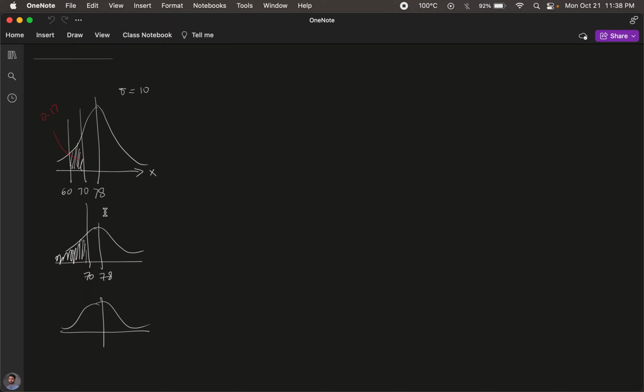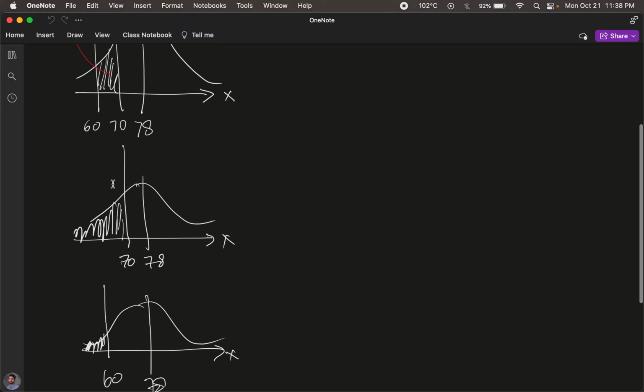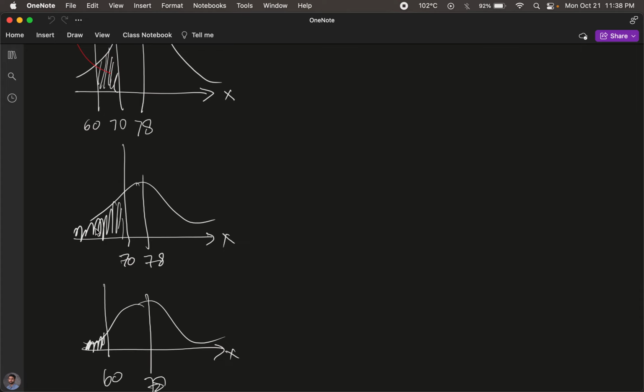So I could do something of this sort: I could say 60 is here, 78 is here. Notice this is still x, and I would shade this region. Now, recognize that the central region is in fact a difference of these two regions. So take this bigger region and subtract the smaller region from it, and you will arrive at the same central region right here.